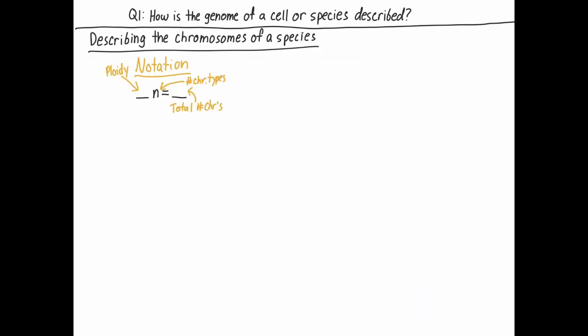This convention of blank N equals blank is usually how we describe what chromosomes a given species has. When we write this, we are usually describing the chromosomes present in a somatic, non-dividing cell of a species.